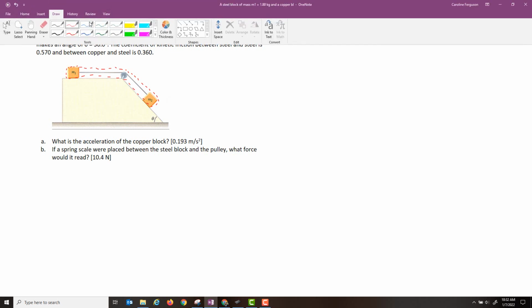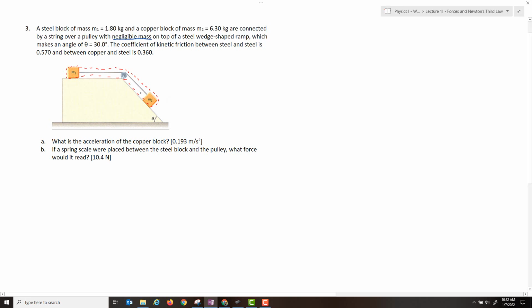So I'm going to draw all the forces acting on the system. For mass 1, I have a force of gravity, which is pulling down on it. I'm going to call it Fg1. And I have a normal force, Fn1. I have a tension, but that tension is inside the system. So I can call that T1, but I'm not even going to look at that tension when I do part A, asking for the acceleration, because it's part of the full system.